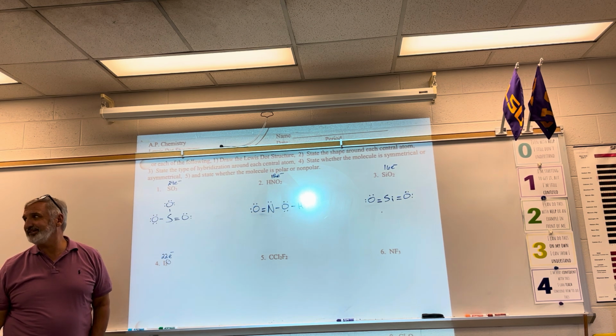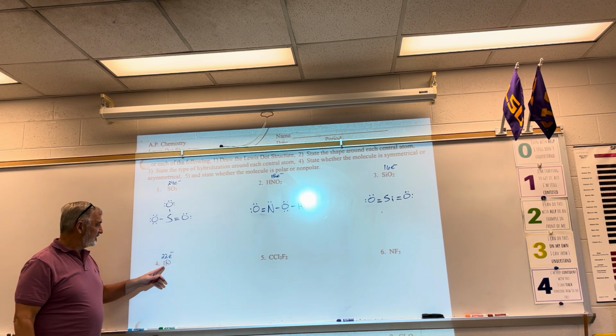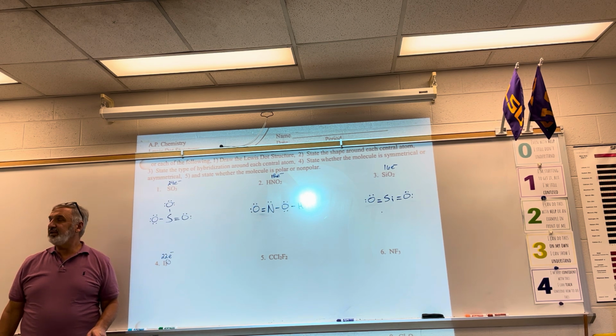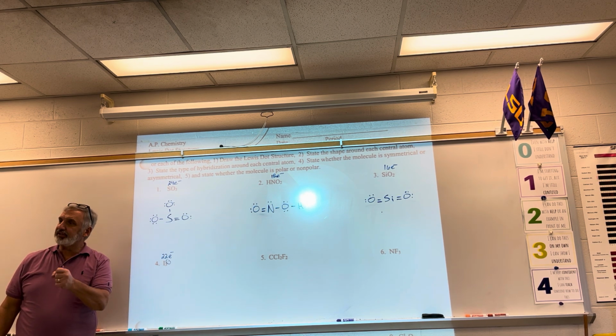That's all you got, is iodine. Why do you have 22? Shouldn't it be 24? No, iodine has 7. But it gained an electron. The I3 gained 1; it's not times 3. It's the I3 minus 1.